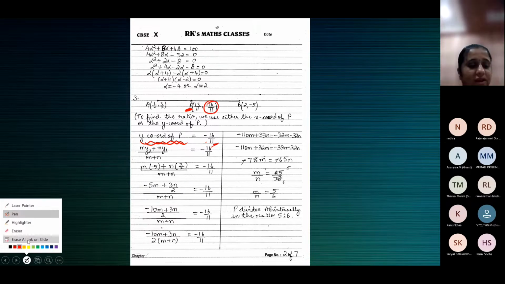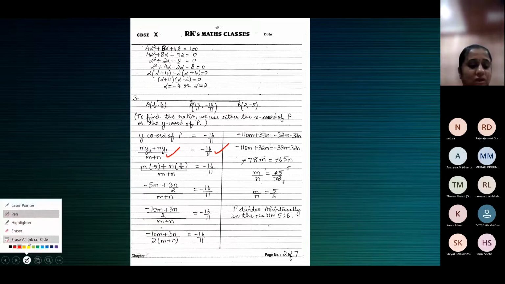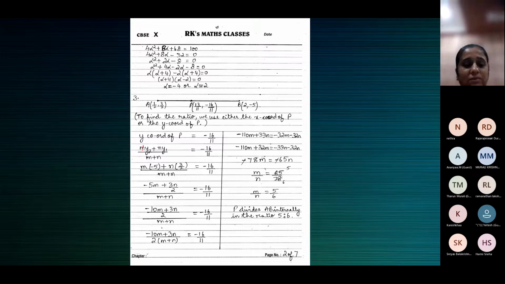But how do you find that? (m y2 + n y1) by (m + n) is equal to -16 by 11. Then substitute. m and n we don't know, so m and n will remain m and n. You should only substitute for y2 and y1. This is y1, this is y2. Substitute them, cross multiply and so on.